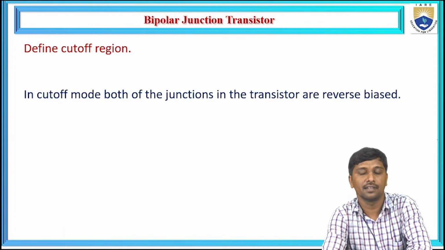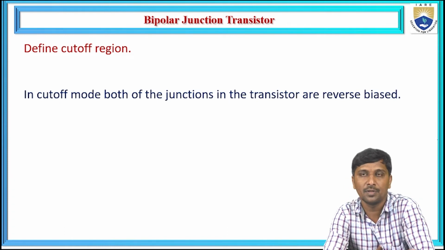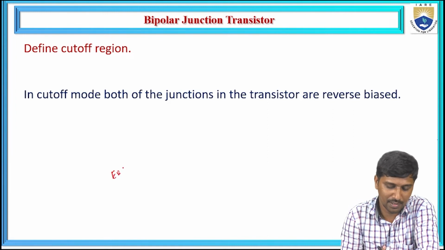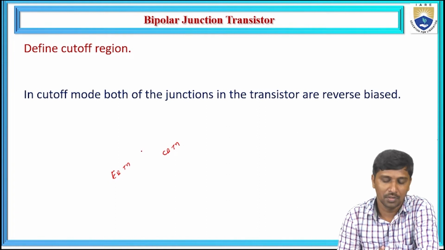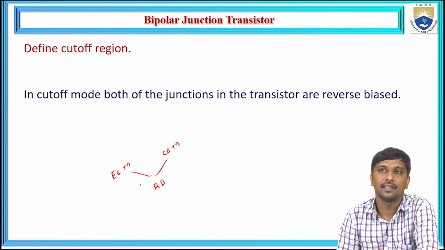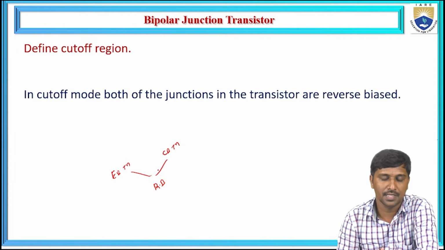Now define cutoff region. Similarly, we observe the two junctions: the emitter base junction and the collector base junction. If both these junctions are reverse biased, then we can say that the mode of operation is cutoff mode.